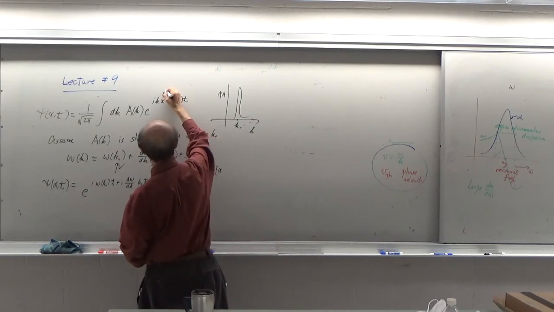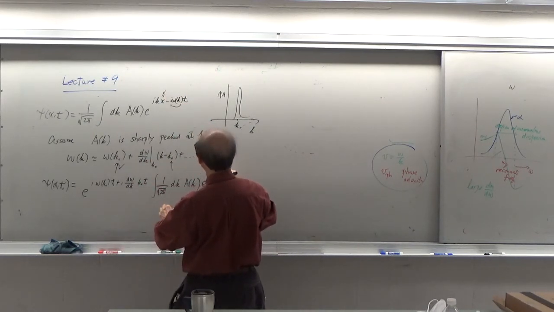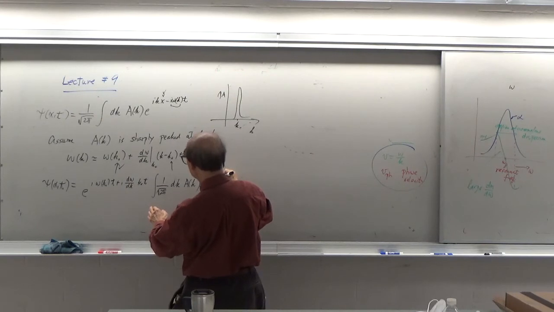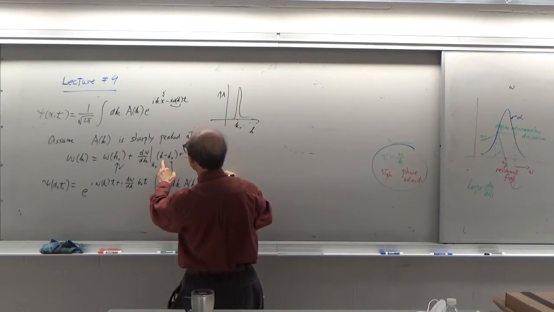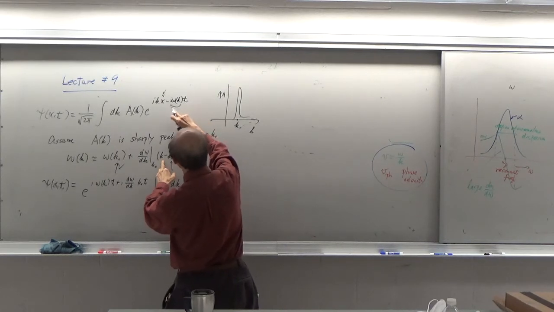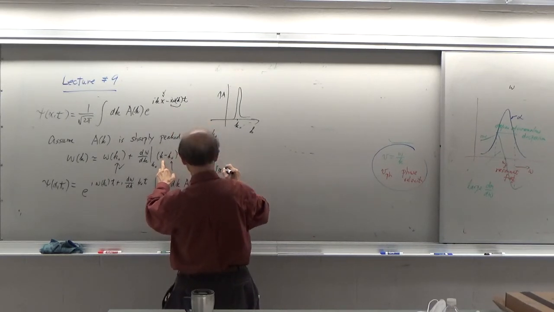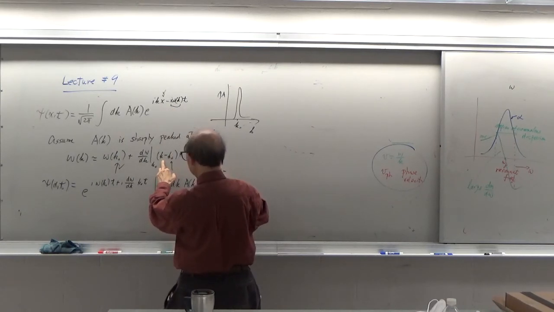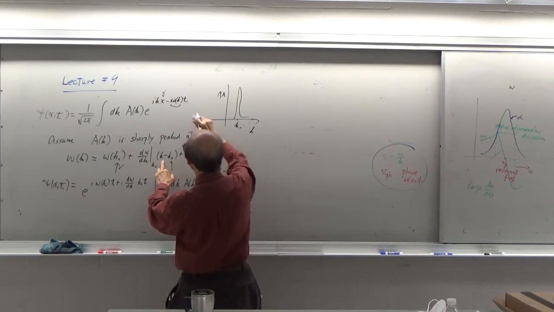And then this term, in k, is multiplied by this one, so it's minus i, so it's minus k, which is outside already, d omega by dk evaluated at k naught, multiplied by t.